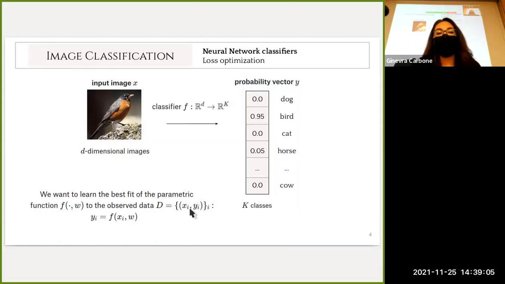Now the function F is parametric, because F in general is able to compute the output y by means of complex computations, which also involve this matrix of weights called W. So learning the best fit means learning the best parameters W that are able to define this complex relationship.